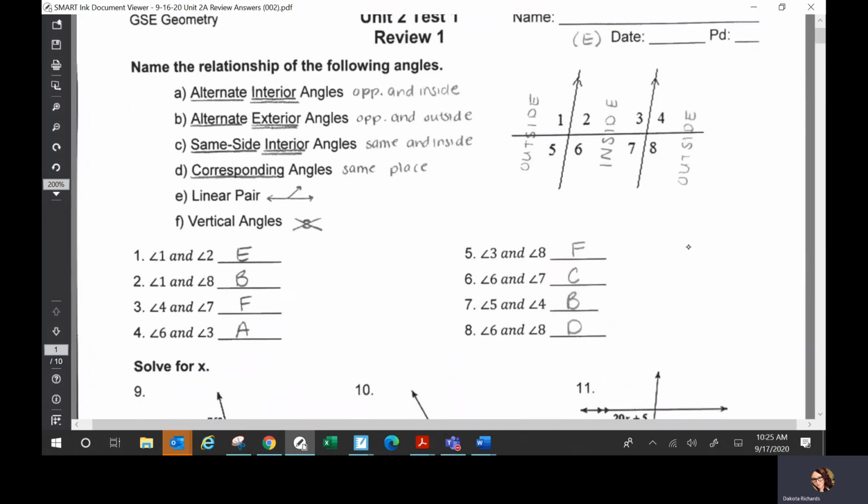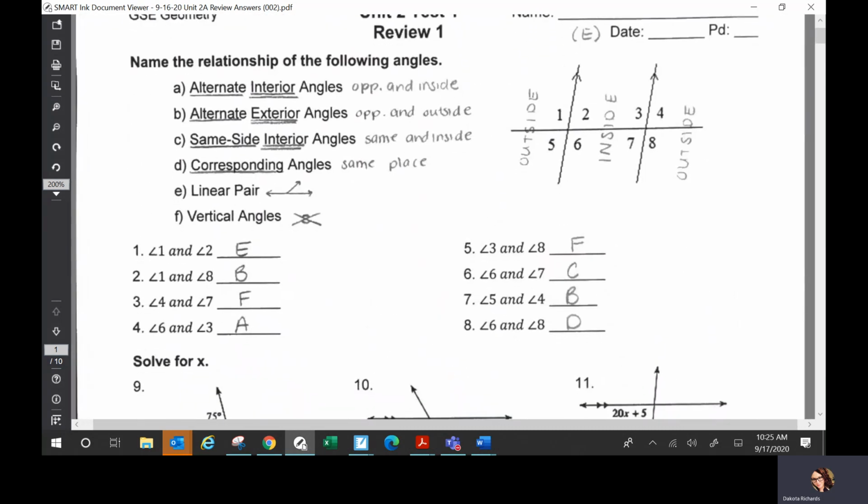Okay. So look at 1 through 8. See how you did.